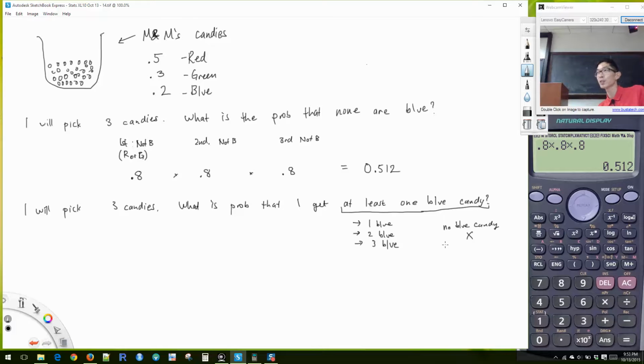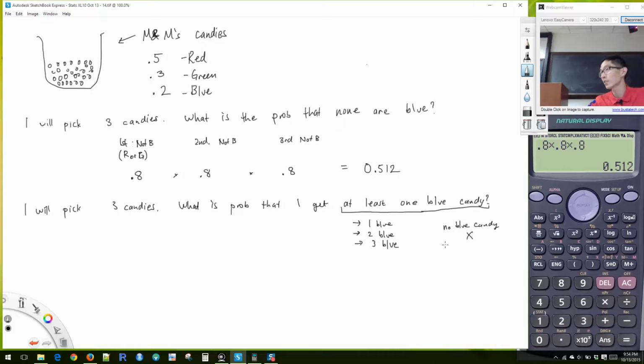Okay, so if we say something must happen, the probability of that something is 1. And we can break that apart into different percentages. So I could say, I'm going to flip a coin, and it could land on heads or tails. The probability it lands on heads is 0.5.